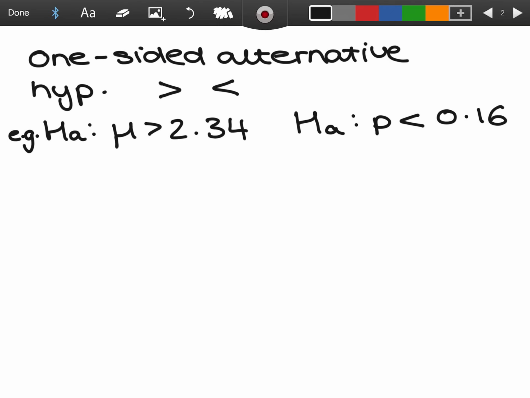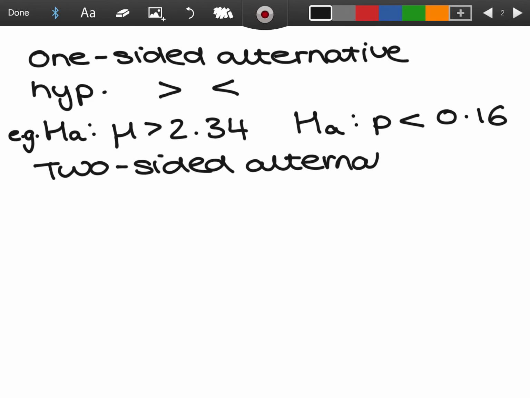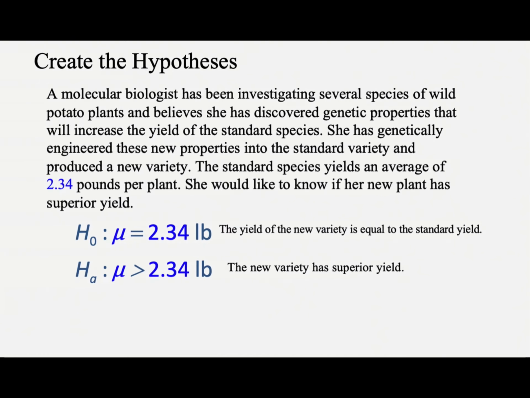A two-sided alternative hypothesis is slightly different. Whenever you have a two-sided alternative hypothesis, that means that you have to look at both greater than or less than, so anything that is not equal to what is in that null hypothesis. If we go back to our example, we said from the start that the mean was 2.34 pounds.